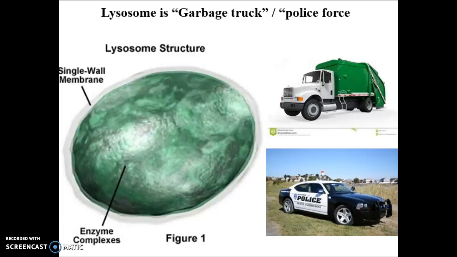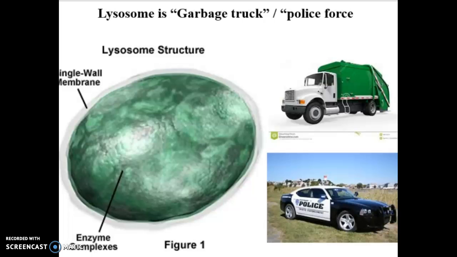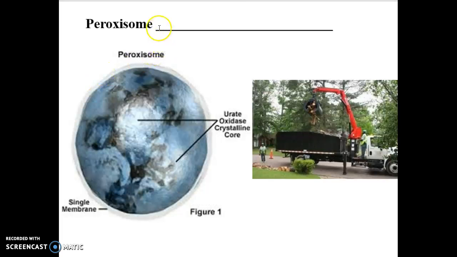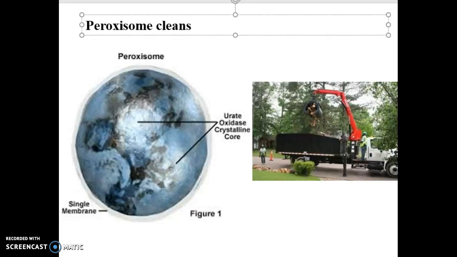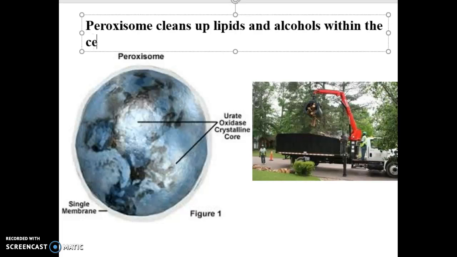All right, so cleaning up the cell and protecting it is a pretty big job. So fortunately, the lysosome has a partner. It's called a peroxisome. Same basic concept, but the peroxisome will clean up lipids and alcohols within the cell.